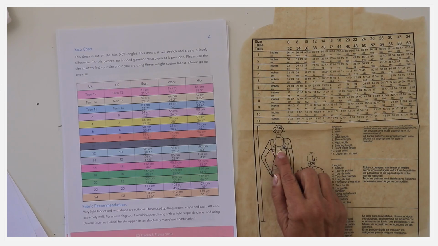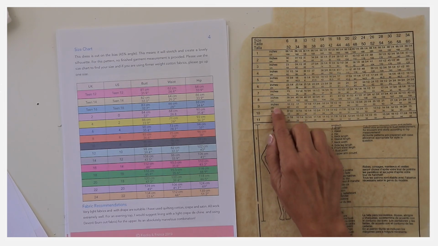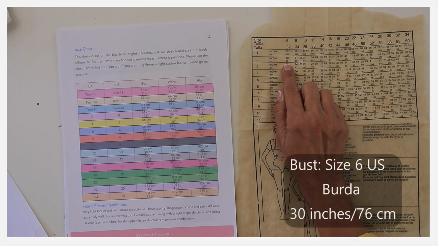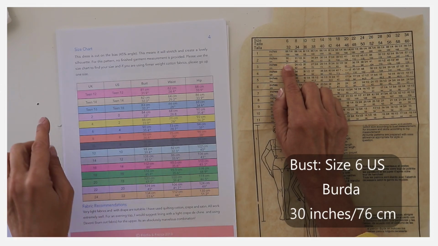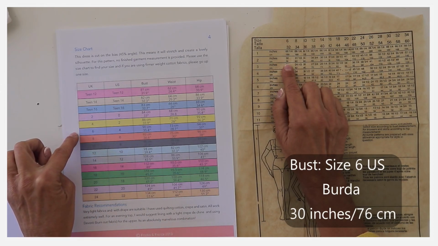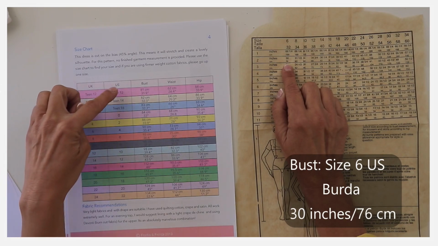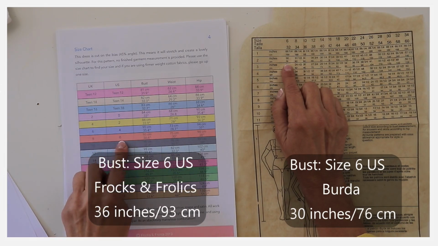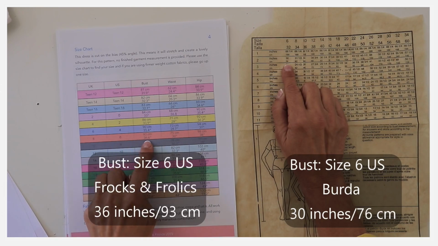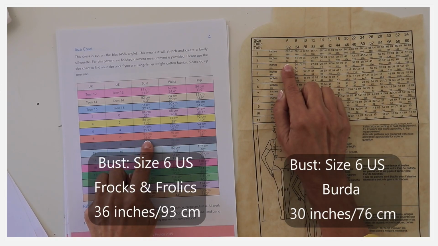So here we've got the number 2 that we're looking for. So I'm going to go here and I can see 76 centimeters and 30 inches in bust, and that's for US 6. Now, if I look on my measurement chart, US 6 here, and I go over to the bust, my bust has 36 inches. That would be 93 centimeters.